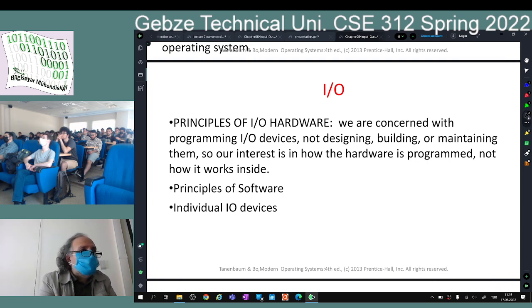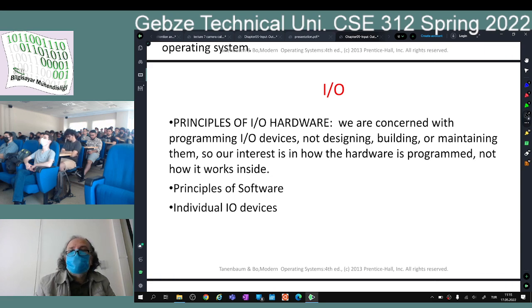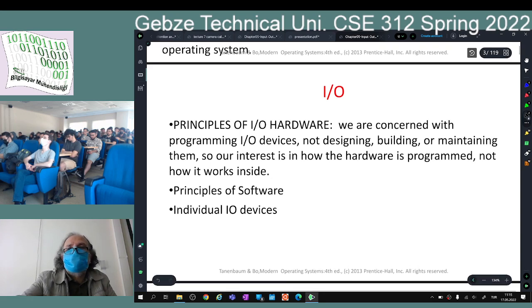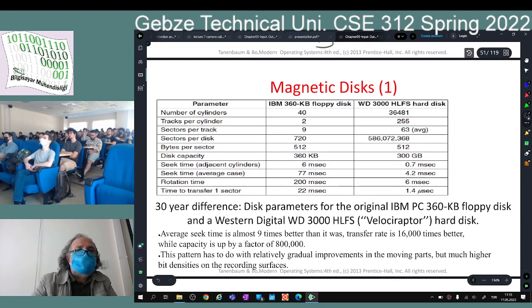Then principles of I/O software, like buffering and layering and other stuff, and we did that too. Now we are going to look at the individual I/O devices, and we are going to start with secondary storage, the most popular one being the magnetic disks.